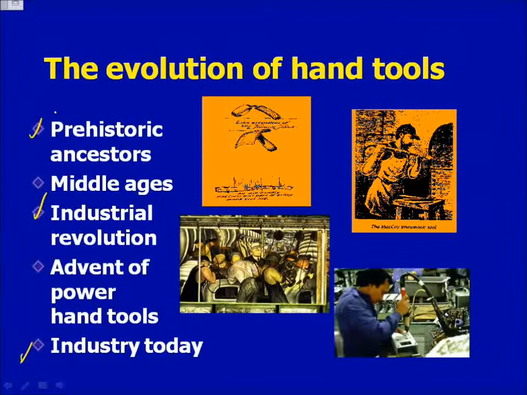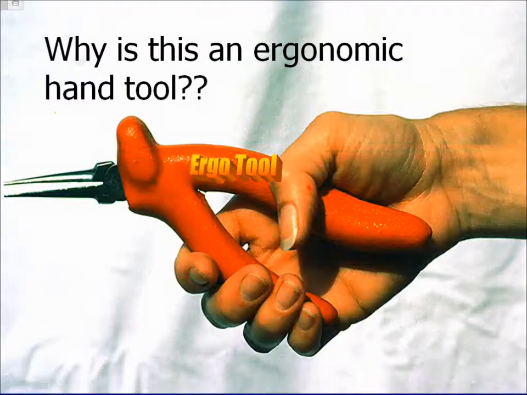So, the evolution of hand tools. In this case, we're looking at our ancestors through the Industrial Revolution all the way up to today. I've just finished a book that looked at surgical tools and anesthesia, and it's amazing that in a little over 150 years we go from going in without any anesthetics at all and cutting off the leg of a person who had been shot or got infected, to today's surgical tools that can put a prosthesis on while you're under anesthetics and not feel a thing.